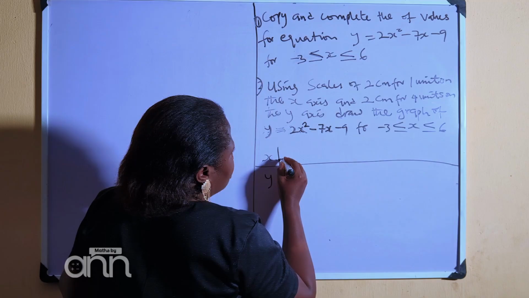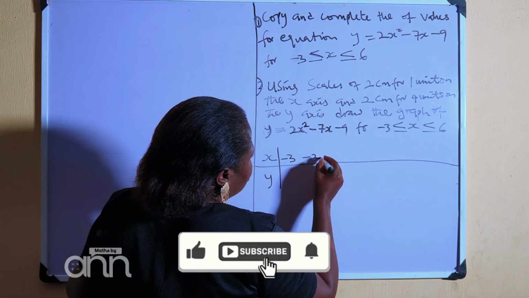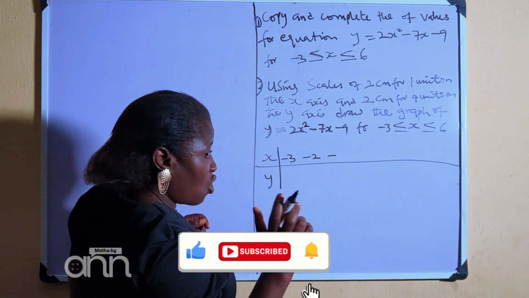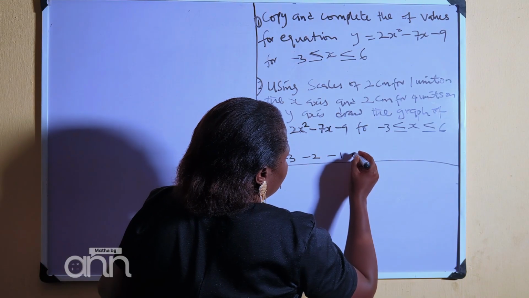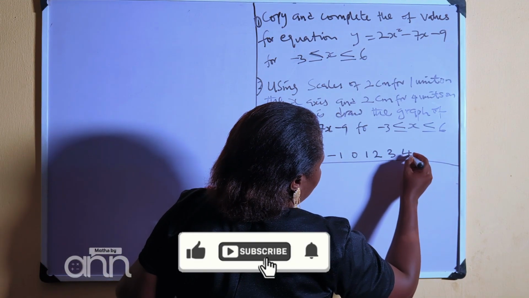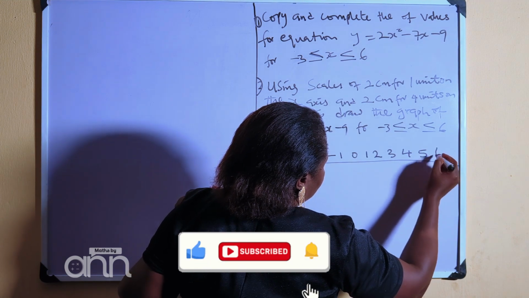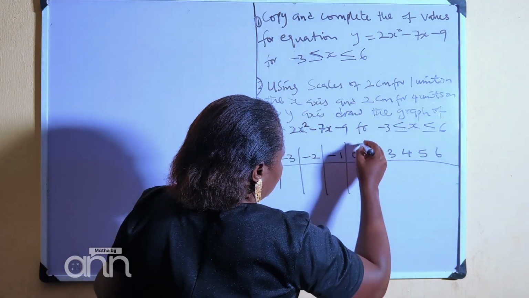For the first x, minus 3, start going down: minus 2, minus 1, 0, 1, 2, 3, 4, 5, 6. Draw your lines.